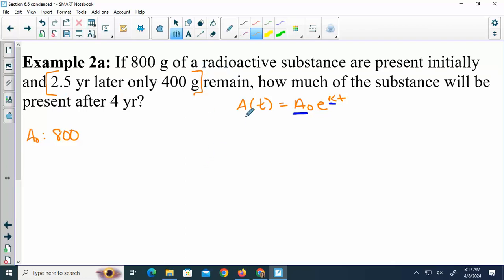So 2.5 years, 400 grams, that's kind of like a point that we could use. So the amount at that point in time was 400. My initial is 800. We're trying to find K, but at that particular point in time, when we had 400, the time was 2.5.